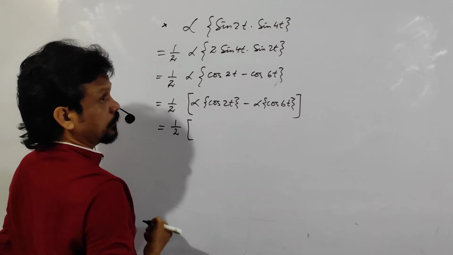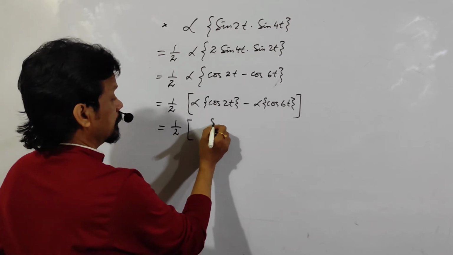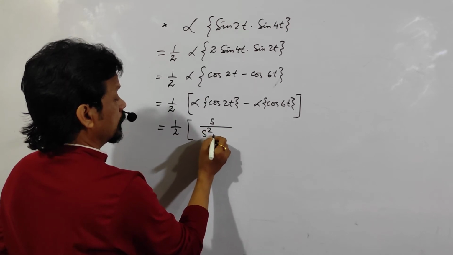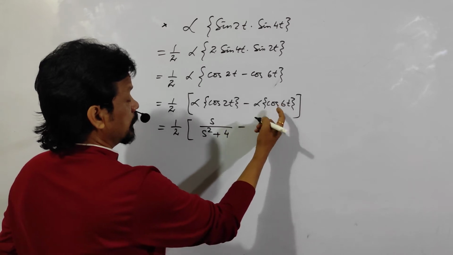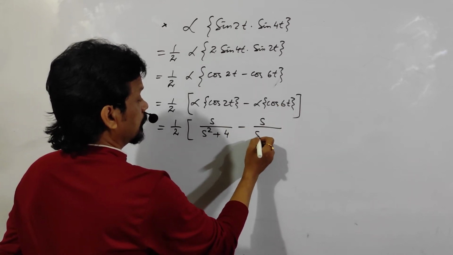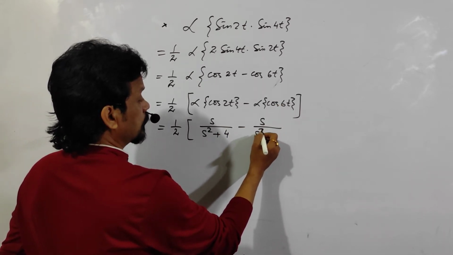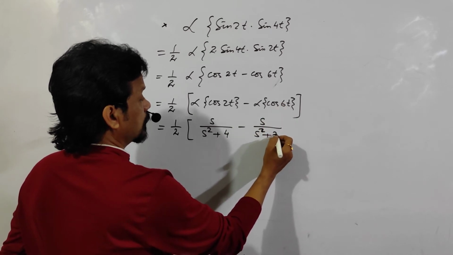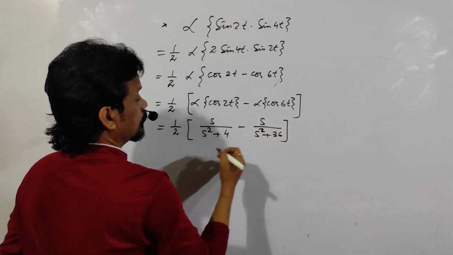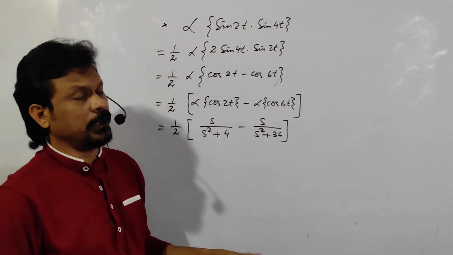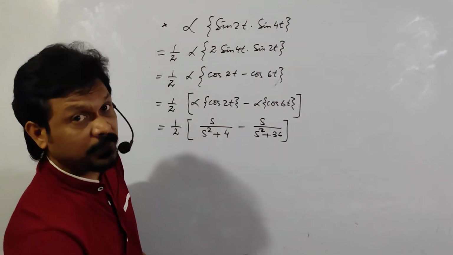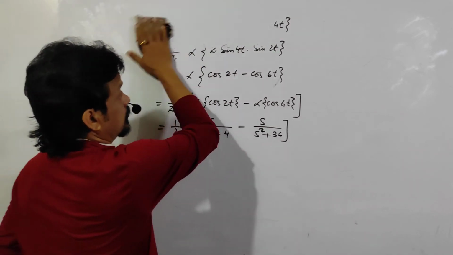So cos at is s by s square plus a square, 2 square is 4, minus s by s square plus a square, here a is 6, so 36. So this is your answer. Okay, so you should write up to this one, don't simplify further.